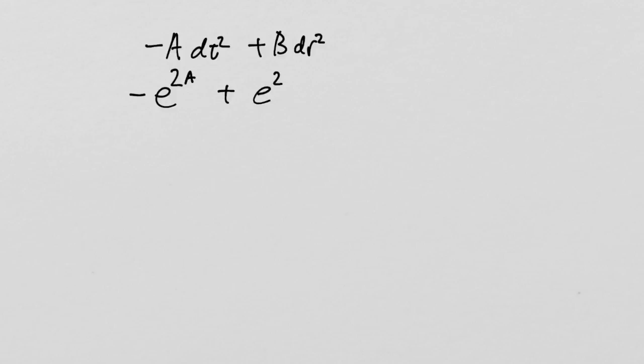Oh, I did mention that I was going to show how there's another form of notation, right? Instead of saying minus A dt squared plus B dr squared, and then insisting that A and B be positive, often it's written this way: minus e to the 2a dt squared plus e to the 2b dr squared, where the 2 sort of makes it something that's easily squared.